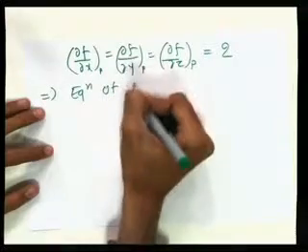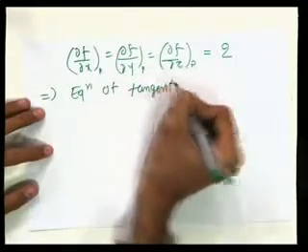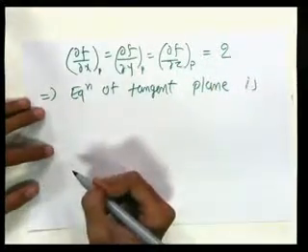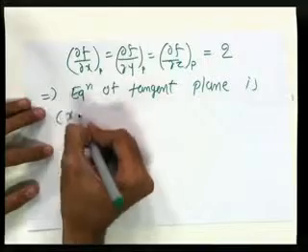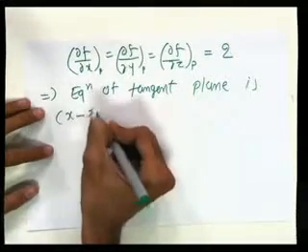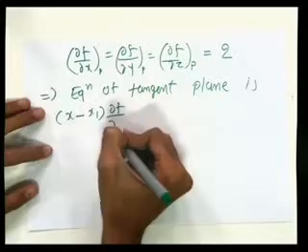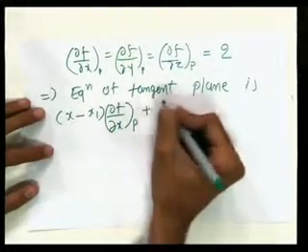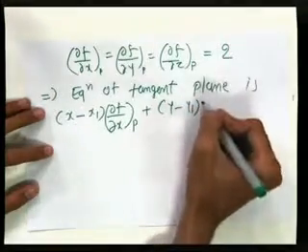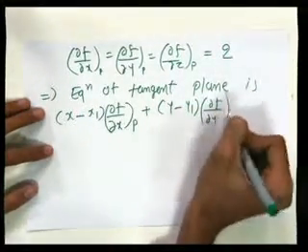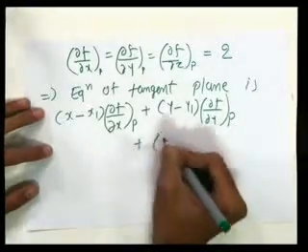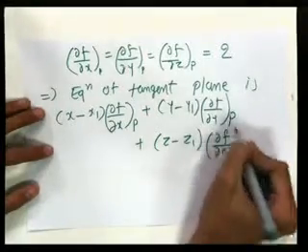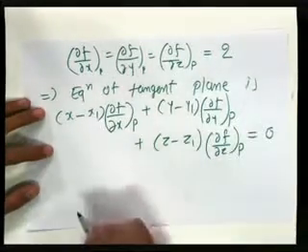Implies the equation of the tangent plane is x minus x1 into del f by del x at the point P plus y minus y1 into del f by del y at the point P plus z minus z1 into del f by del z at the point P is equal to 0.